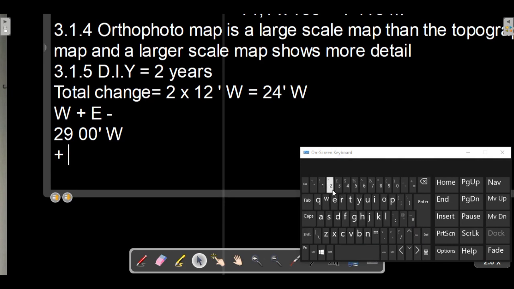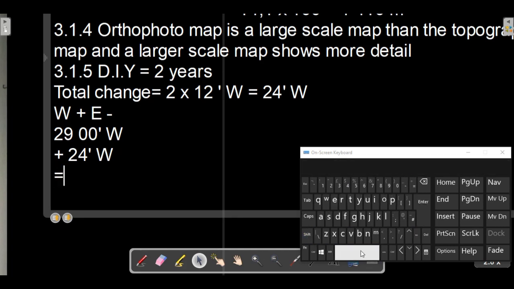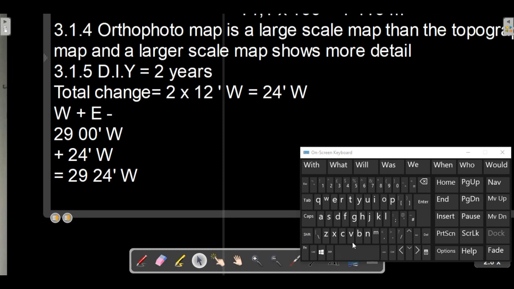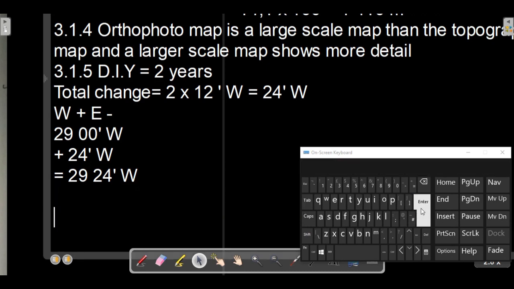So plus 24 minutes westwards. We are adding, and then the final answer is 29 degrees and 24 minutes westwards. Okay, this should be it, guys. It's as easy as that. So let's then move on to the next question.